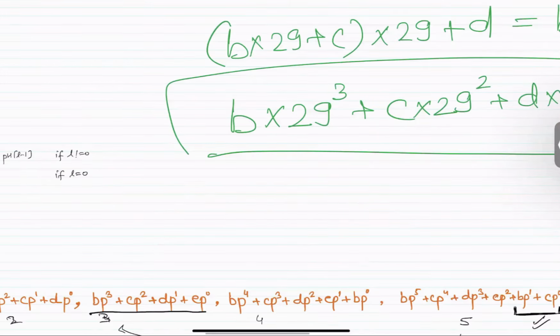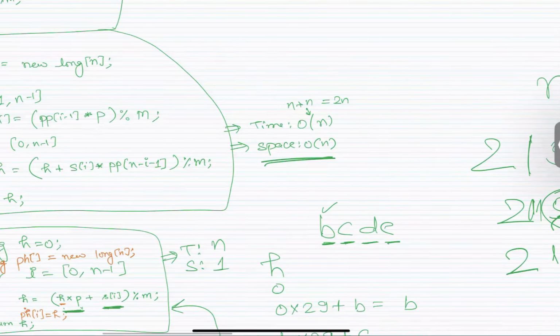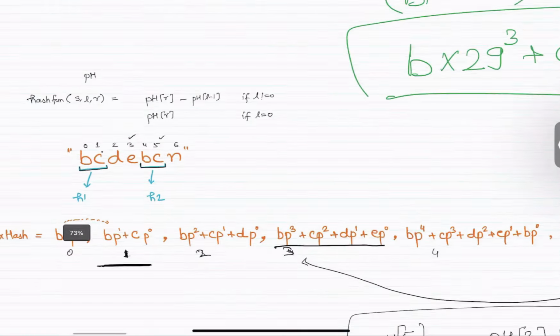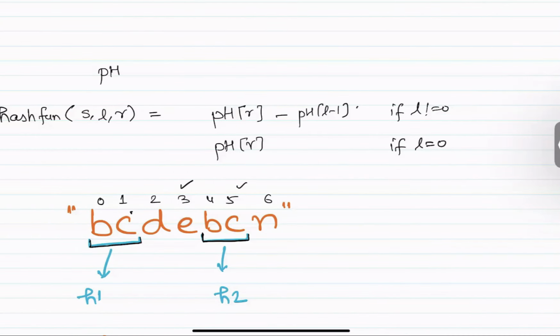This is a little different from prefix sum. Ideally, this should be multiplied with something. And what is that something? P to the power what? It is R minus L plus 1, whatever is the size of the substring whose hash you are computing.